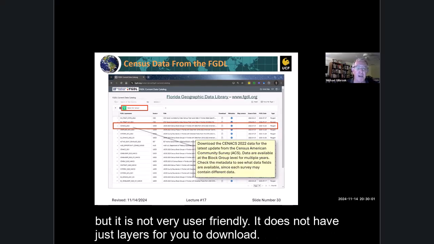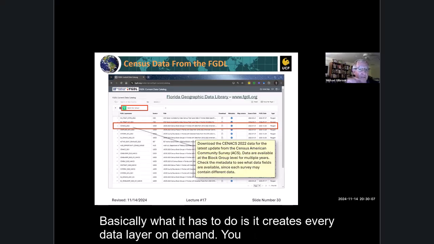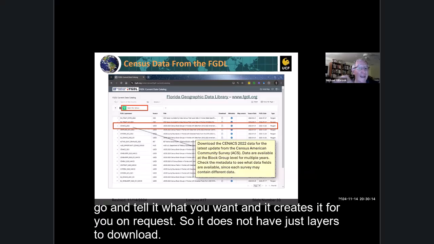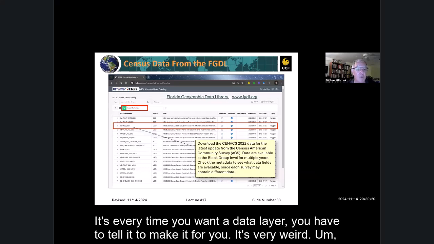I've used it, but it is not very user-friendly. It does not have just layers for you to download. Basically, it creates every data layer on demand. You tell it what you want, and it creates it for you on request. Every time you want a data layer, you have to tell it to make it for you.